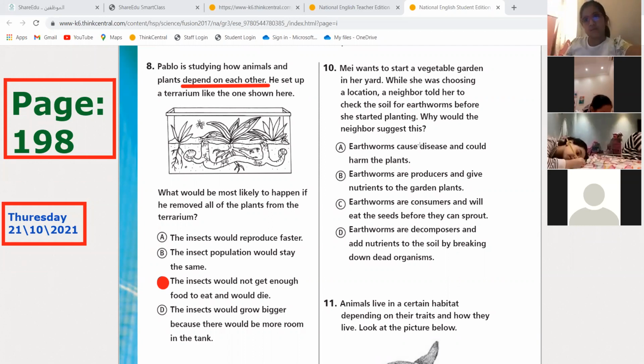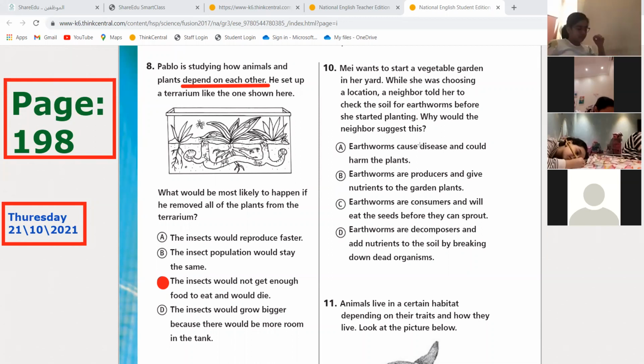Why would the neighbor suggest this? Okay, so she wants to start gardening, and the neighbor asked her, please check the soil for earthworms before you start planting.